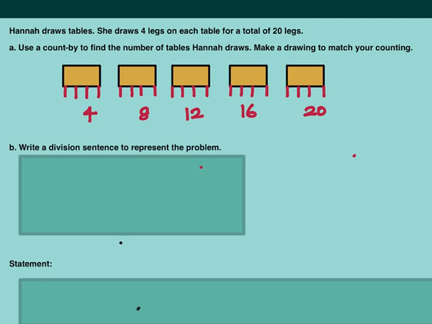Now let us write a division sentence to represent the problem. The division sentence is 20 divided by 4 equals 5.